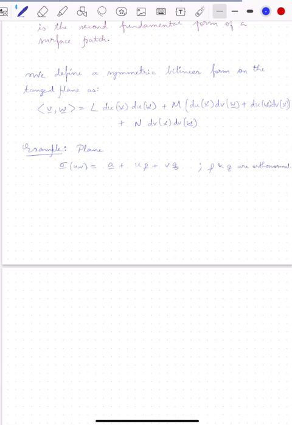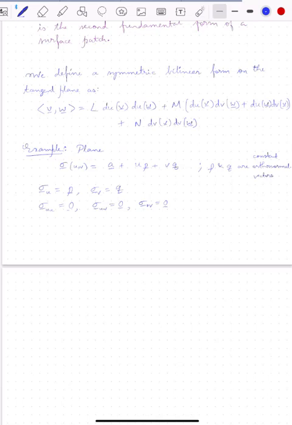So now let's determine sigma U is equal to P vector and sigma V is equal to Q vector. And then we have sigma UU is equal to 0 vector, sigma UV is also 0 vector, and sigma VV is also 0 vector, since P and Q are constant orthonormal vectors.